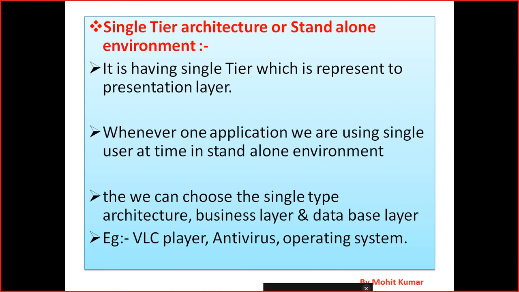Whenever a single user is using one application at a time, that is called a standalone application or single tier architecture. We are using only one operating system, for example Notepad or VLC player. All this exe software that we are using is called single tier.